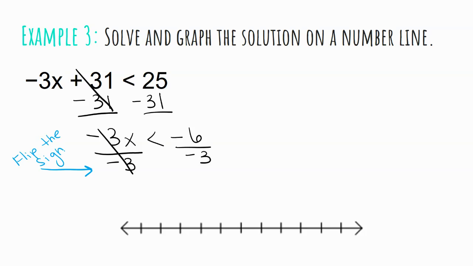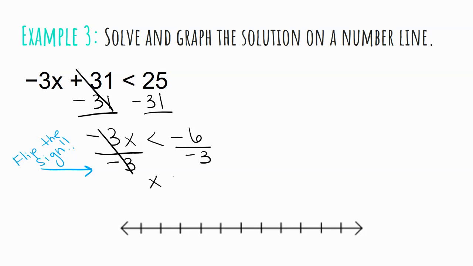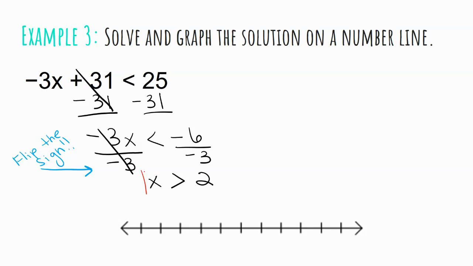So very important for you to recognize when you are multiplying and dividing by a negative when to flip the sign, okay? So I'm going to end up with x is now greater than, because it was less than, now it's going to be greater than positive 2. So let's put, don't forget to box your answer.